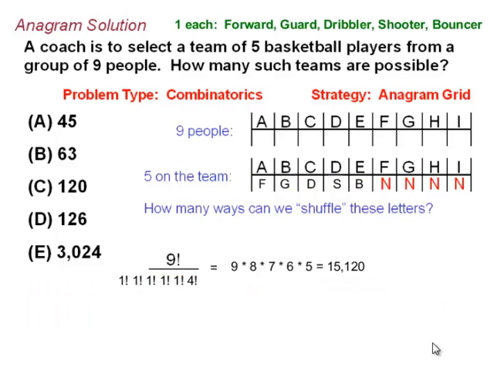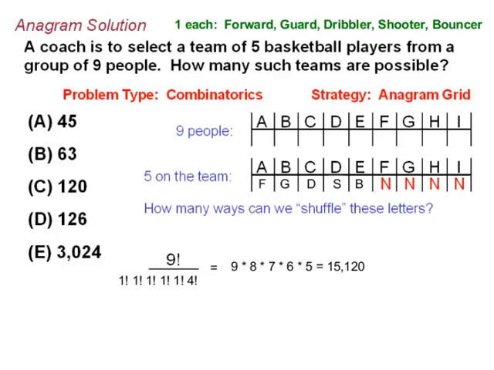And I just wanted to look here at a variation on that question. So if instead of just talking about selecting basketball players, it had said selecting a team of 5 basketball players to play 5 different positions, one each of forward, guard, dribbler, shooter, and bouncer.